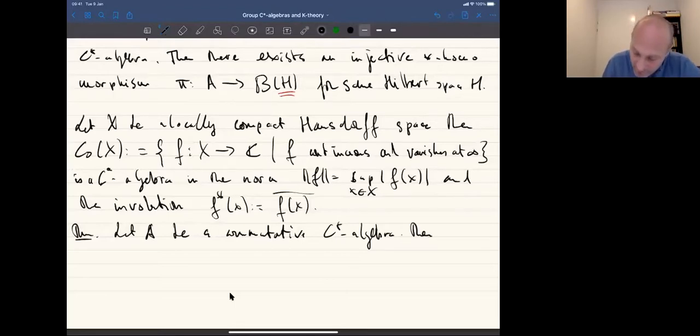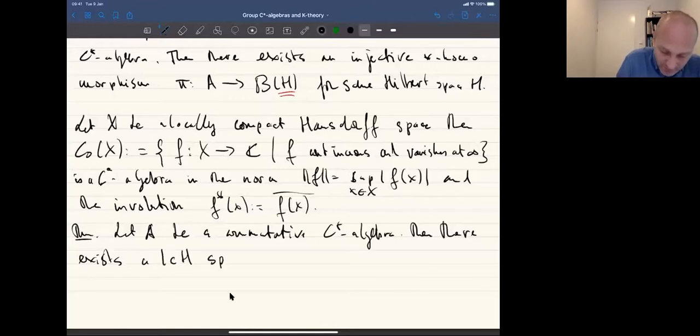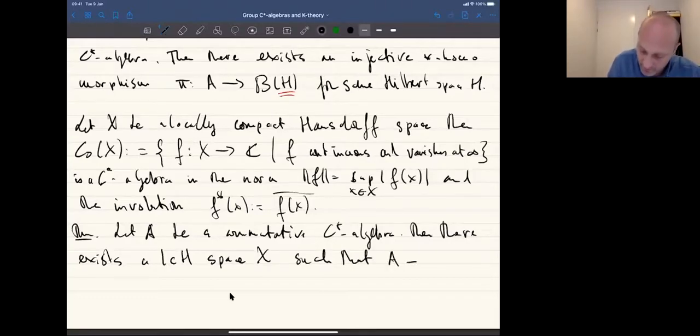Then there exists a locally compact Hausdorff space X such that A is isomorphic to C0 of X as C-star algebras.